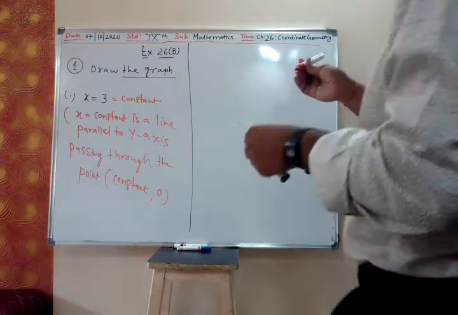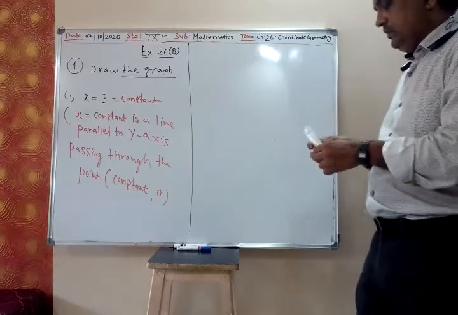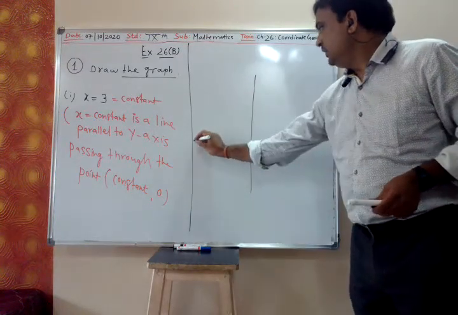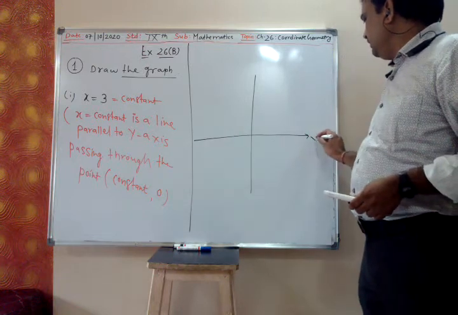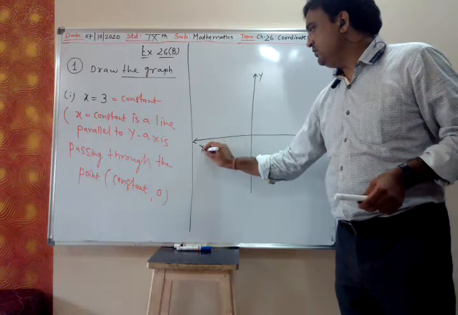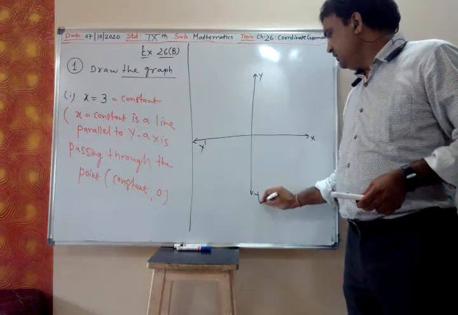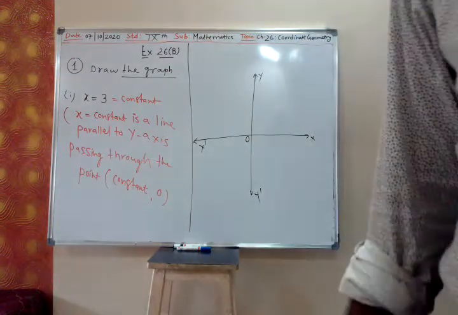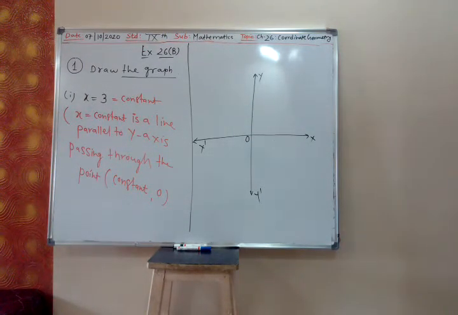So if you see this, x is equal to 3. If you plot the graph of x is equal to 3, this is my x-axis, this is my y-axis, x dash, y dash. This is my origin, correct? Now x is equal to 3. 3 is a constant.